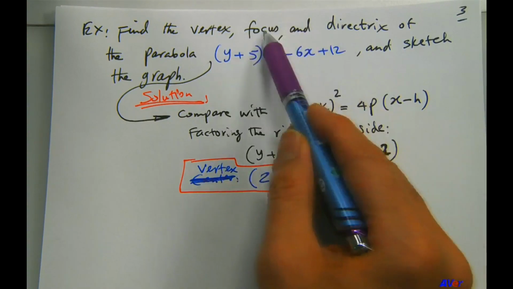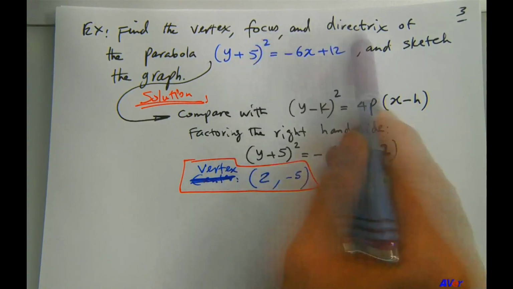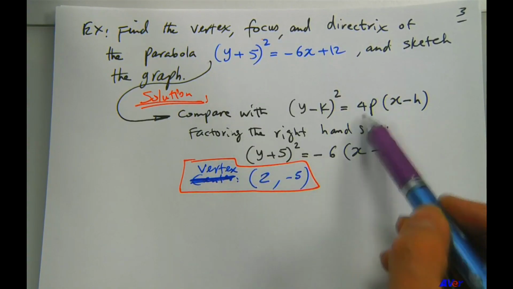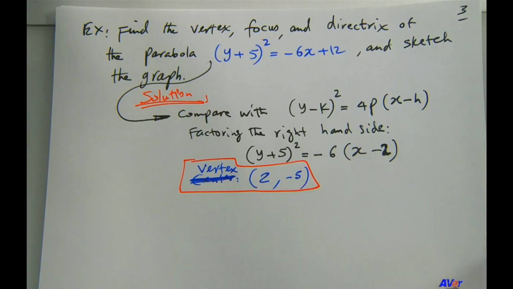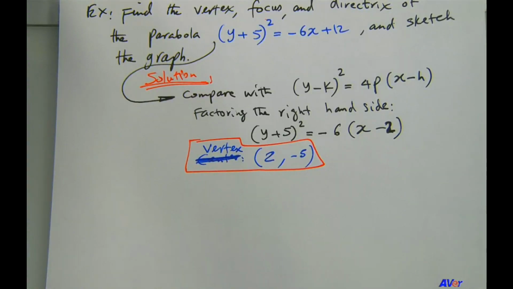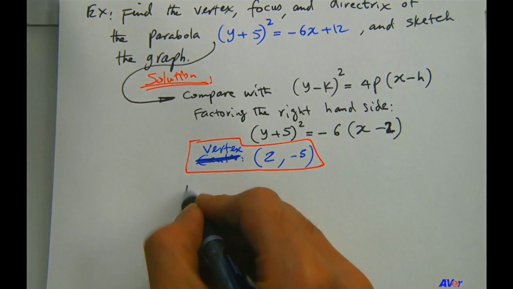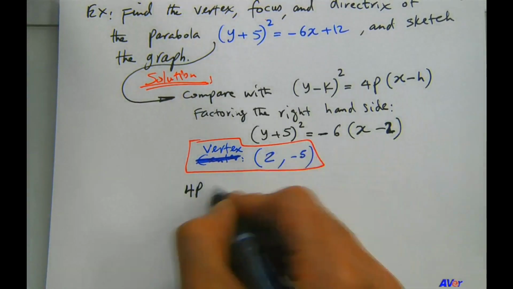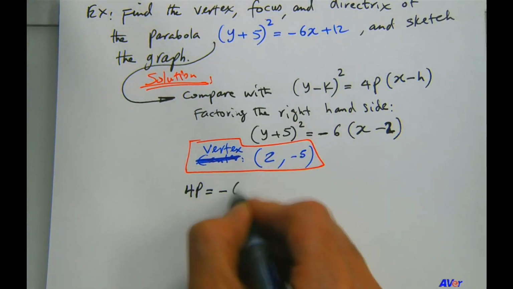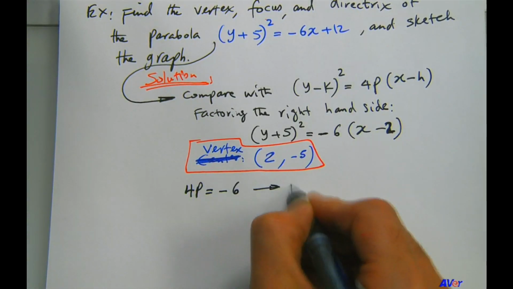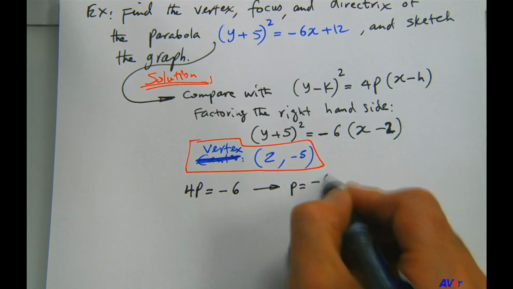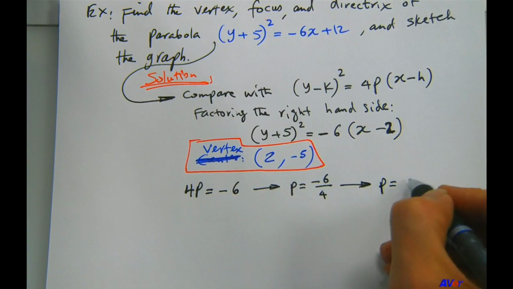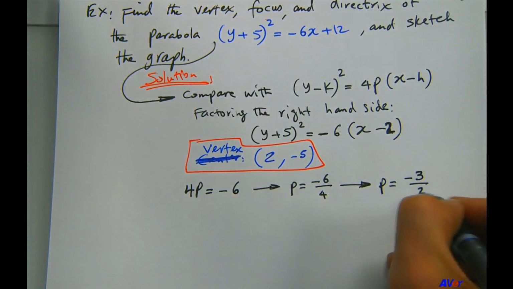So in order to answer the question for focus and directrix, we need to know what p is. Compare that with this. The p we have to calculate, right? 4p in this case equals -6, after we factor. So p is equal to -6/4, or after simplifying, p is equal to -3/2.